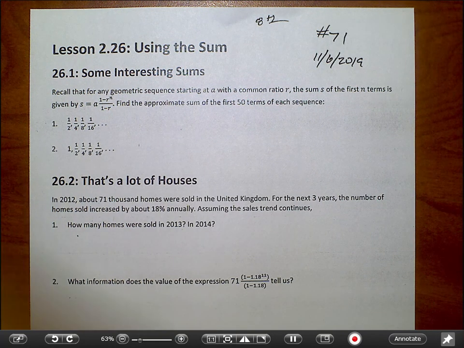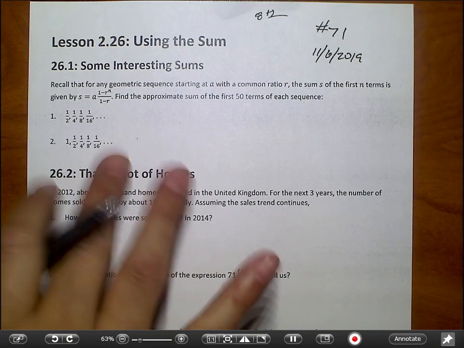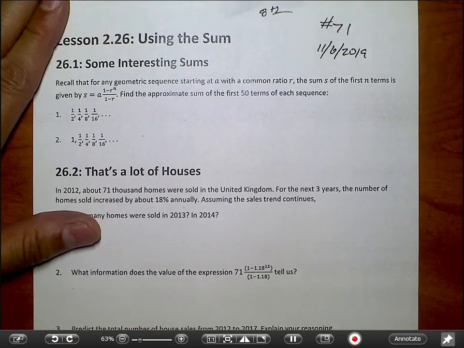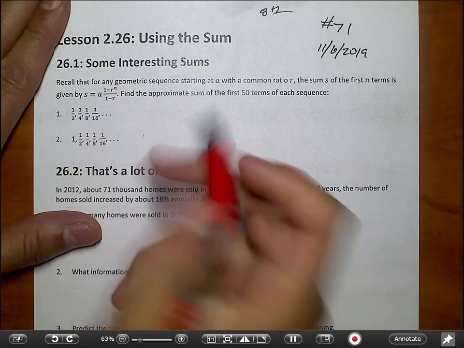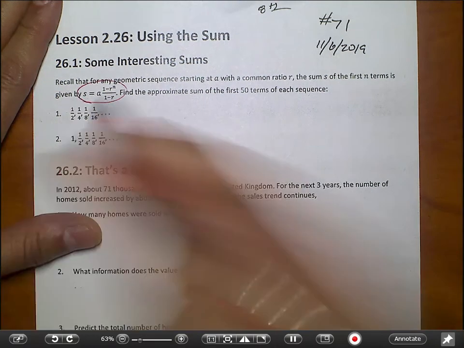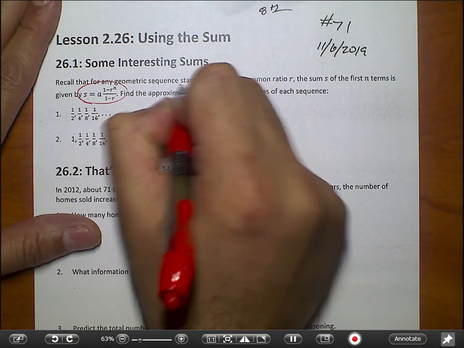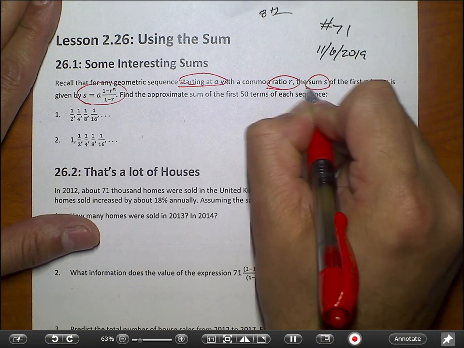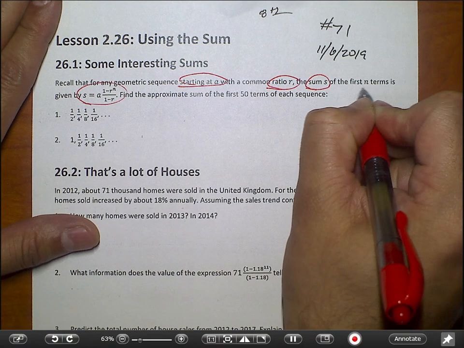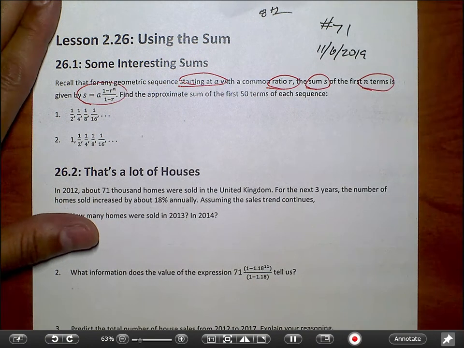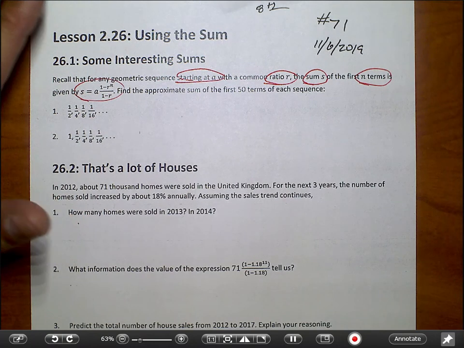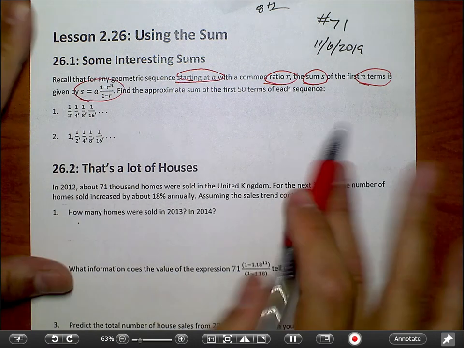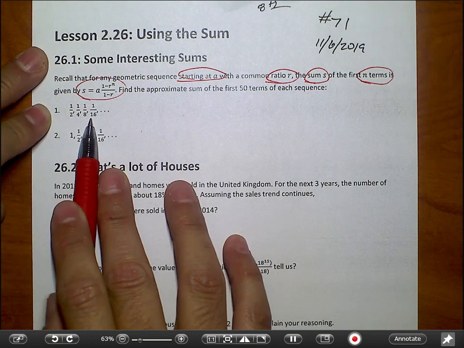Okay, so take a look at this. If you guys followed this from yesterday, we had a couple things here. So my formula is here. Starting at A, common ratio R, the sum of S, and terms, N is my terms. What is going to be my A value in this pattern?